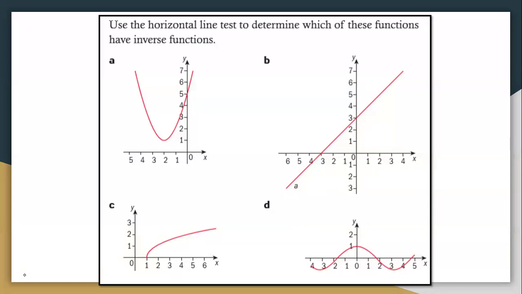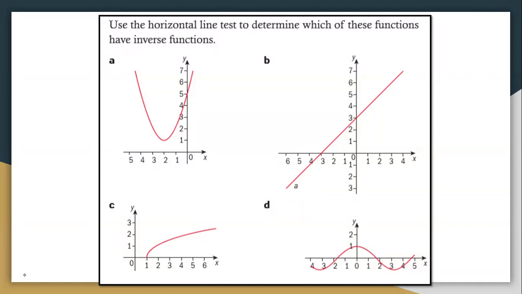So in case you want to use the vertical line testing, let me keep on adding. The vertical line testing helps in identifying functions only. But if you are testing for the inverse, then we use what we call a horizontal line testing. If you are identifying whether something is a function, you use the vertical line testing.